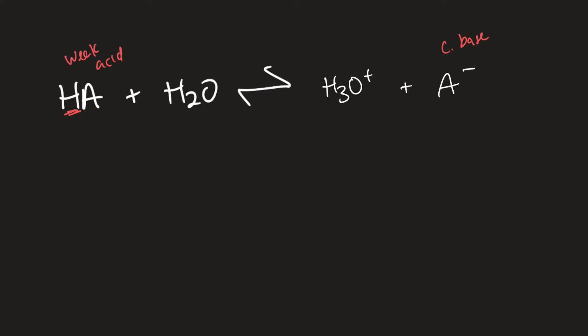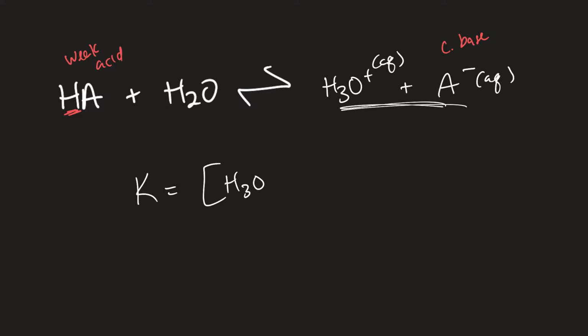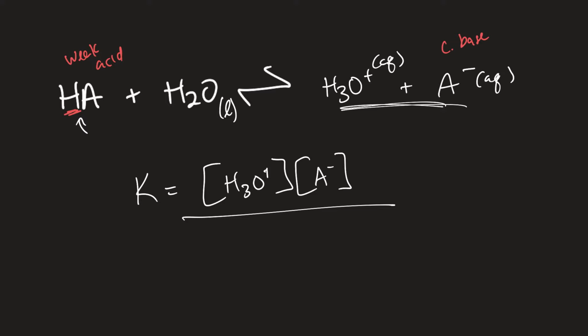And if you were to consider writing the equilibrium expression for this, it'll be K equals. Now remember, these are both aqueous, and so that's your product. So I'm going to write this on top, divided by, and then here's your acid. Your acid's typically aqueous. Water is a liquid, so we always leave this out. So HA.